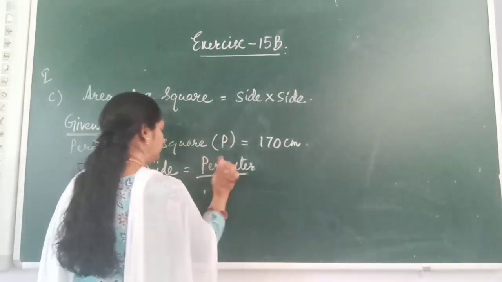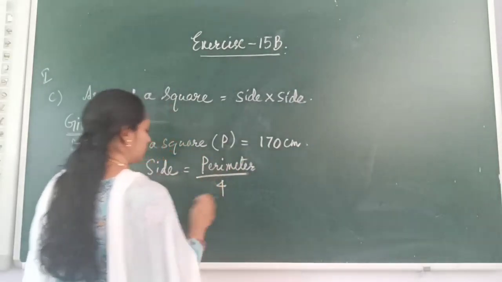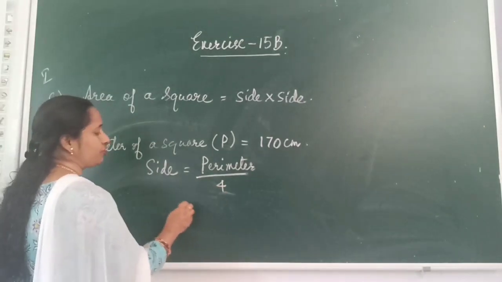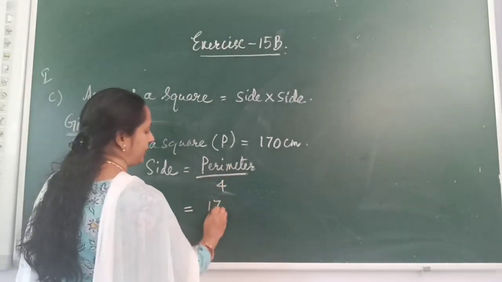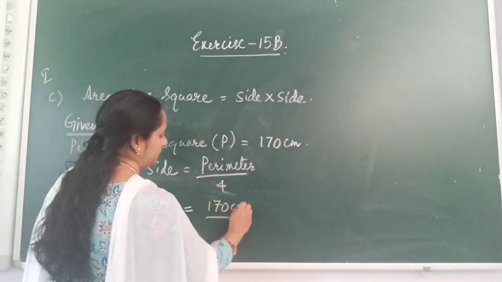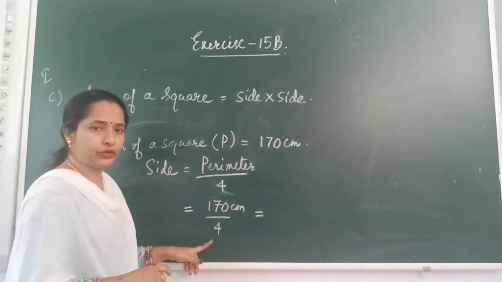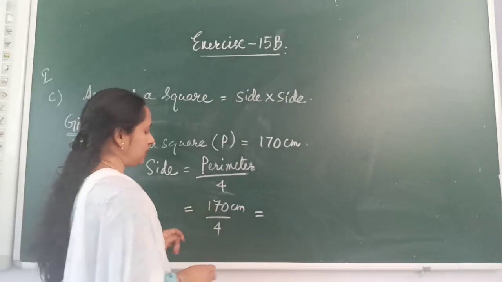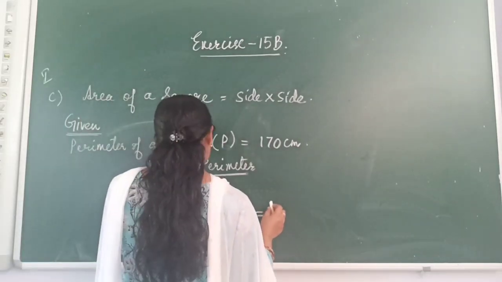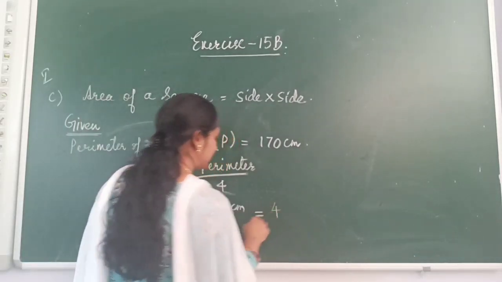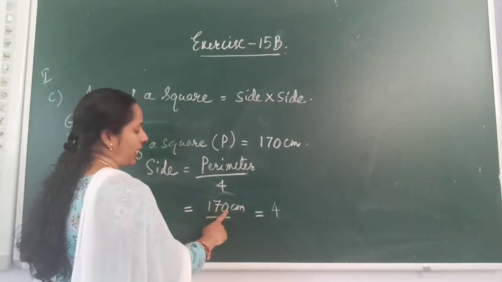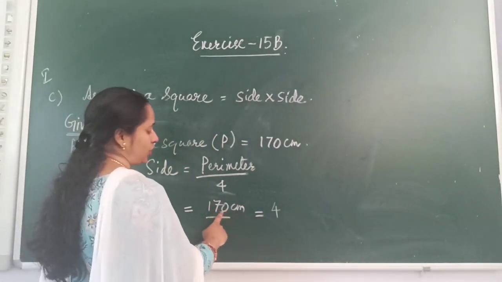Perimeter by 4. So, in order to find the side, you divide 170 centimeter by 4. Do the short division and find the quotient. 4 how many times will go for 17? 4 4s are 16, remainder 1, 0 makes 10.